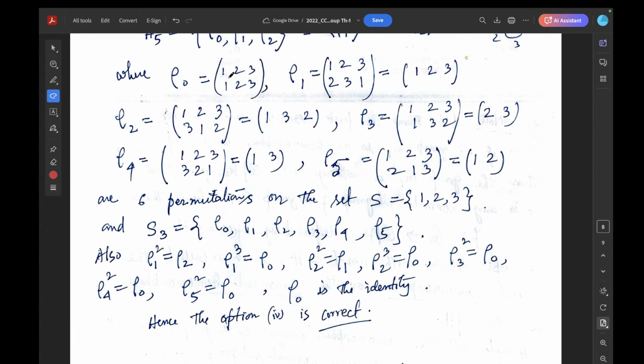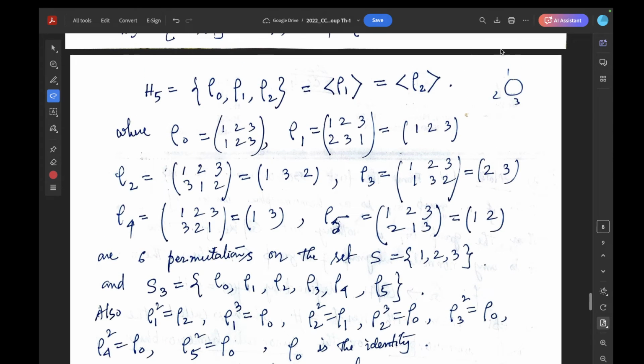Rho 0 is 1, 2, 3 to 1, 2, 3. Rho 1 is 1, 2, 3 to 2, 3, 1, by this cycle. Rho 2 is 3, 1, 2. Rho 3 is 1, 3, 2, clockwise. Rho 4 is 3, 2, 1. Rho 5 is 2, 1, 3.